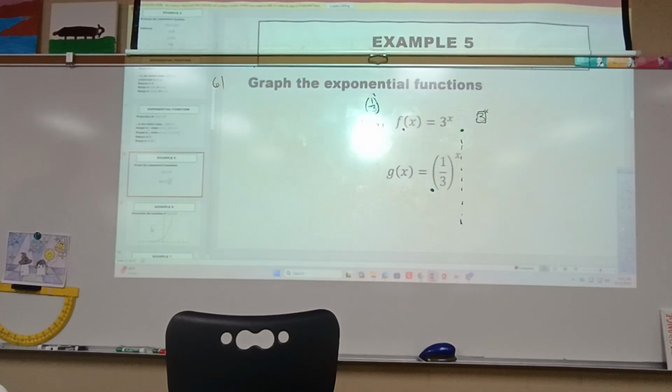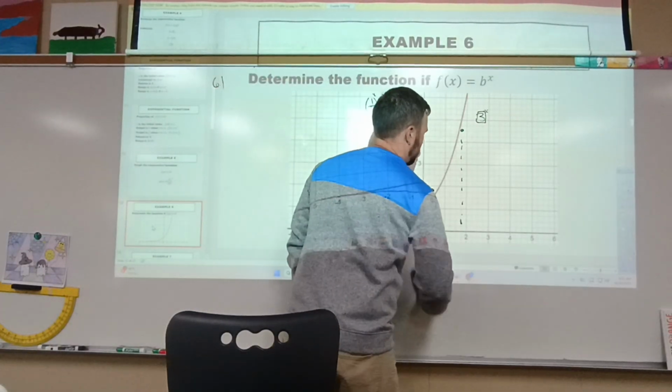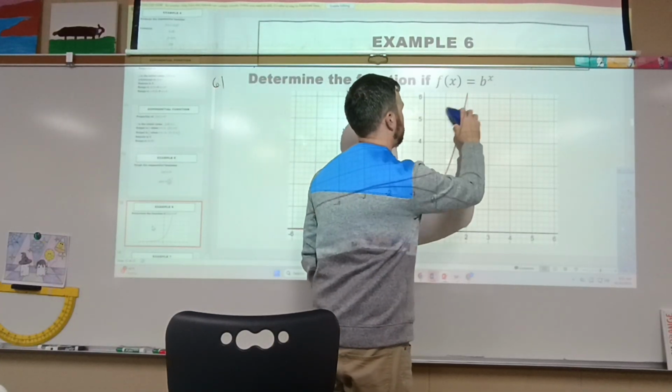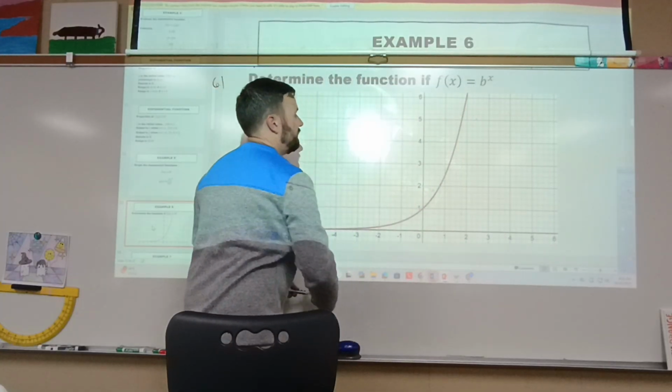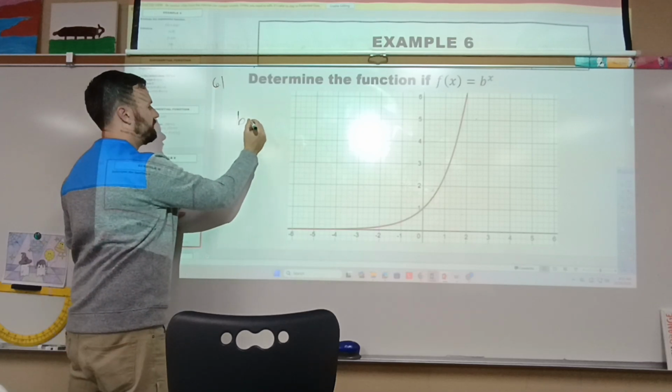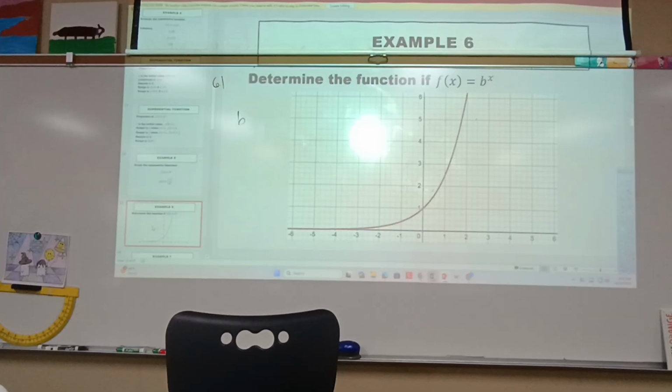All right. So let's look at a graph and see if we can find the base of it based on the graph. First things first. Is b going to be greater than 1 or less than 1 based on this? Is it going up or is it going down?